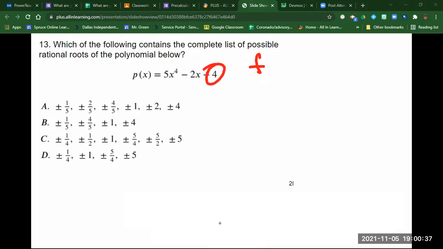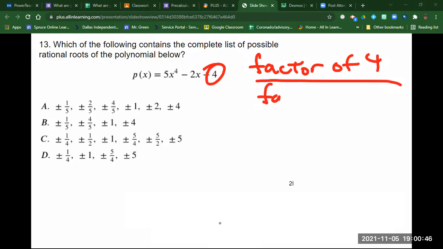That's this one. Over factors of 5. Okay, that's what we want.